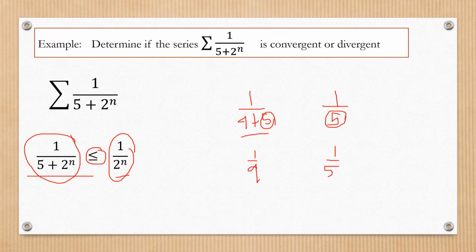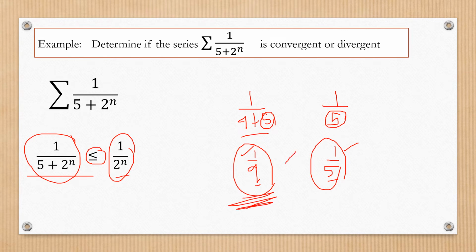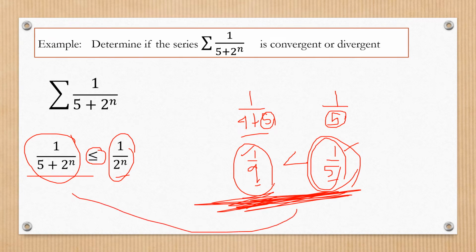Remember, diba, in fraction, if they have the same numerator, but of different denominator, then this fraction has a greater denominator as compared to this one, then therefore, this fraction is less than to this one. And totoo naman talaga, because 1 over 9 is less than 1 over 5. So, ganito rin, itong concept na ito, i-apply din natin dito.